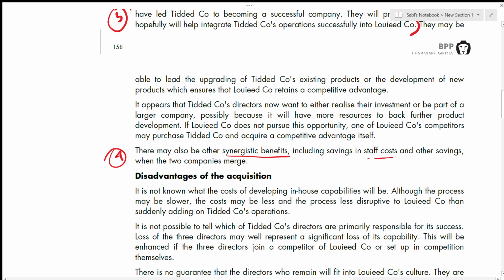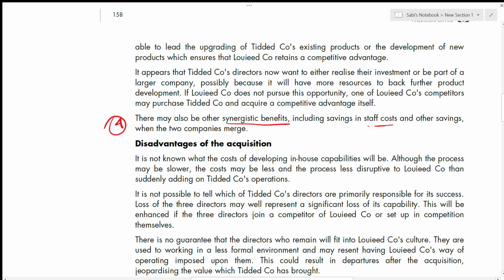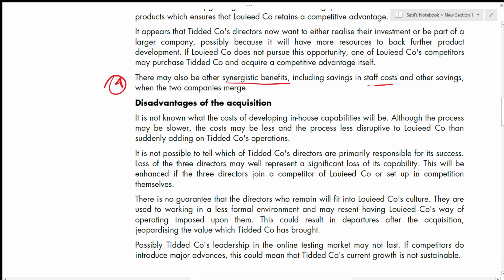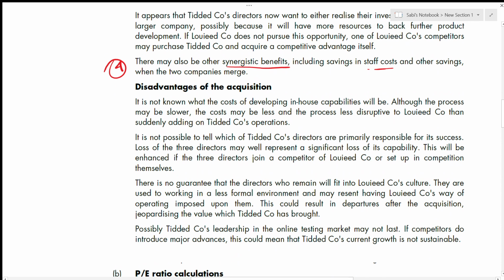Now let's go to the disadvantages. With this also it is the same, three. It is not known what the cost of developing in-house capabilities will be. We don't know the cost of developing in-house. Although the process may be slower, even though the process of developing in-house is slower, they are saying that the cost may be less and the process less disruptive to Louieed than suddenly adding on TDET company's operation.